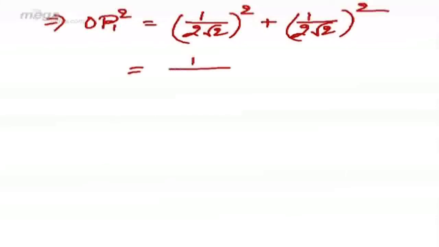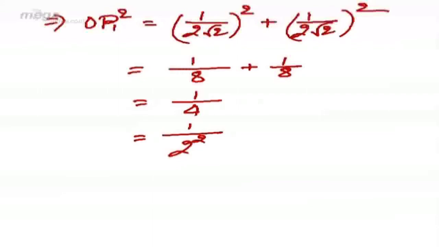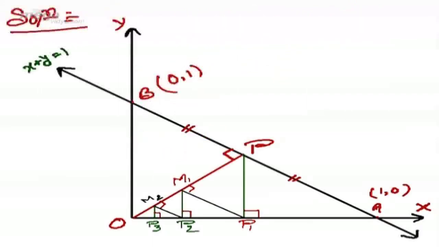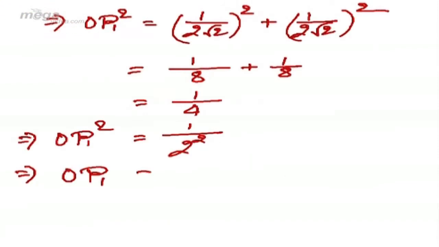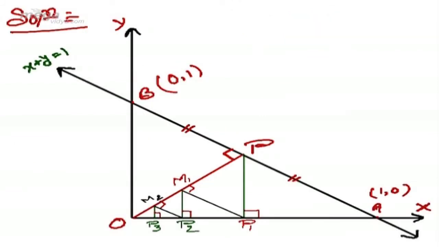So it becomes 1 upon 8 plus 1 upon 8, which is 1 upon 4, that is 1 upon 2 squared. So OP1 is equal to 1 upon 2, which is just half of OA.